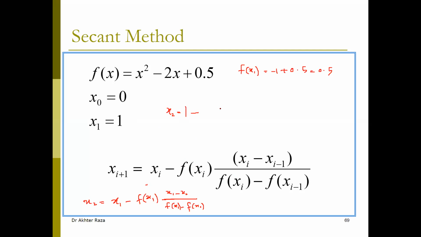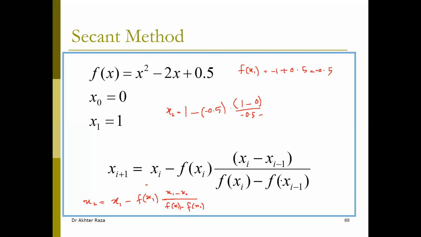The value of f of x1 is 0.5 with the negative sign, so minus minus 0.5, multiplied by x1, which is 1, minus x0, which is 0, divided by f of x1 minus f of x0. The value of f of x1 is minus 0.5.